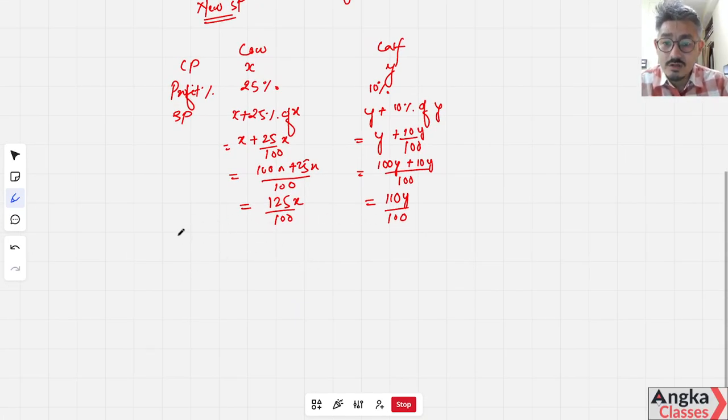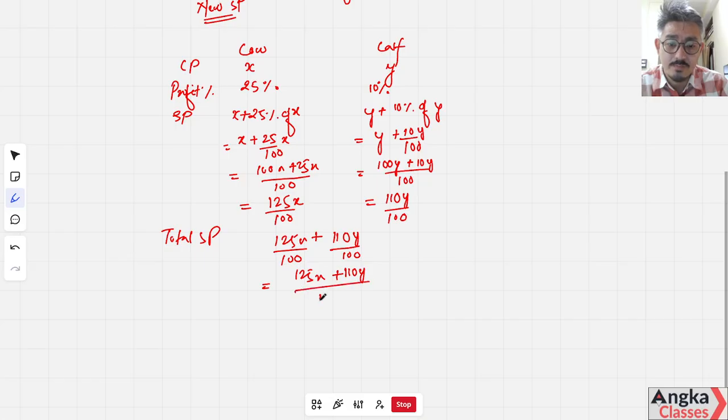Now, the total selling price is 125x by 100 plus 110y by 100, which is 125x plus 110y upon 100.